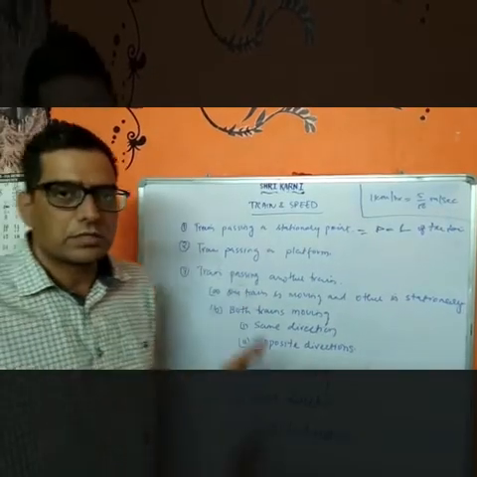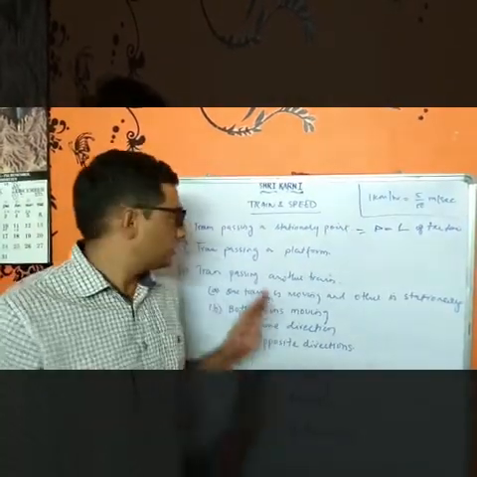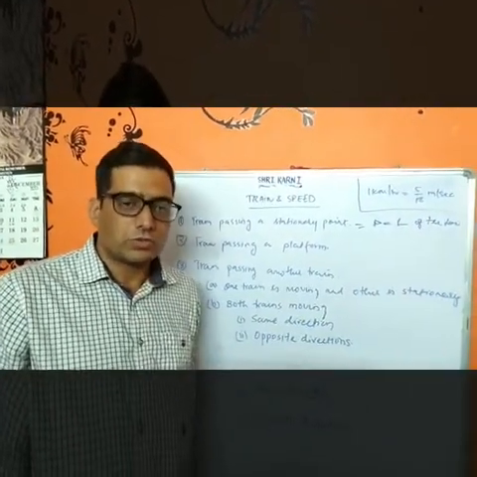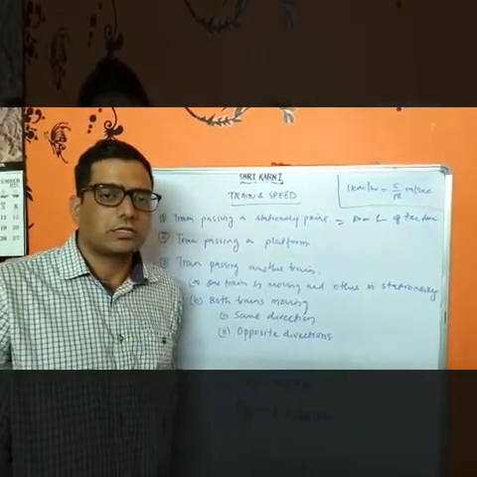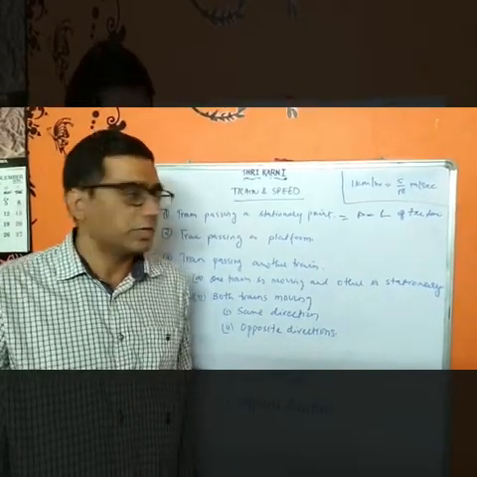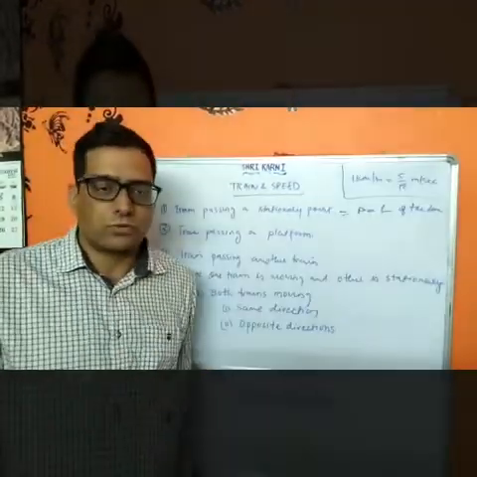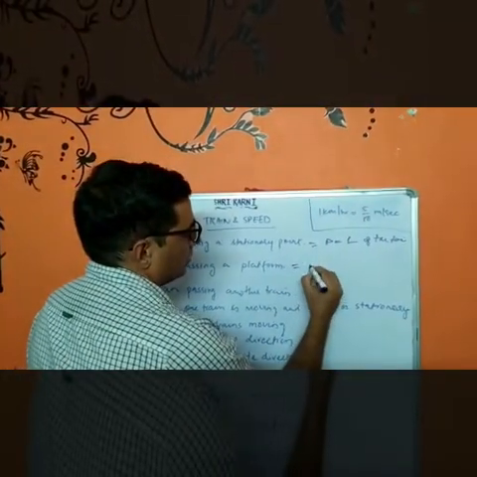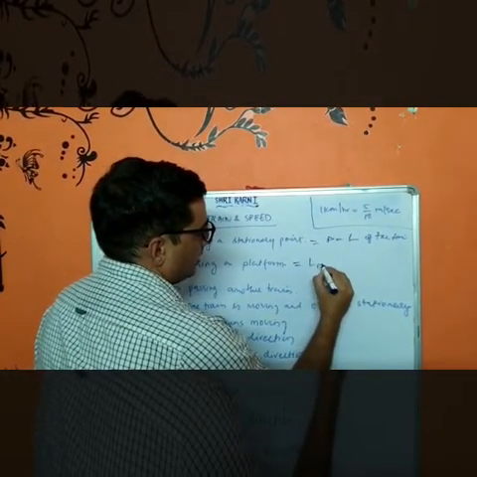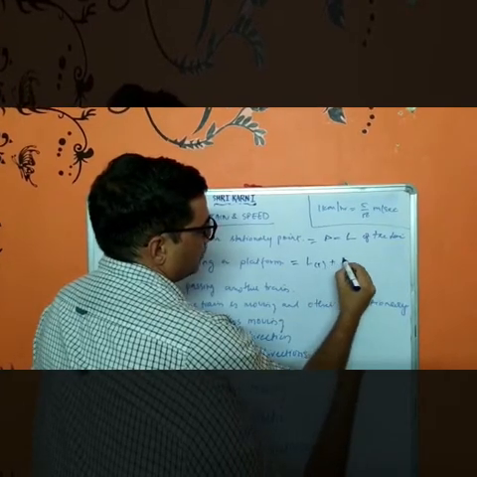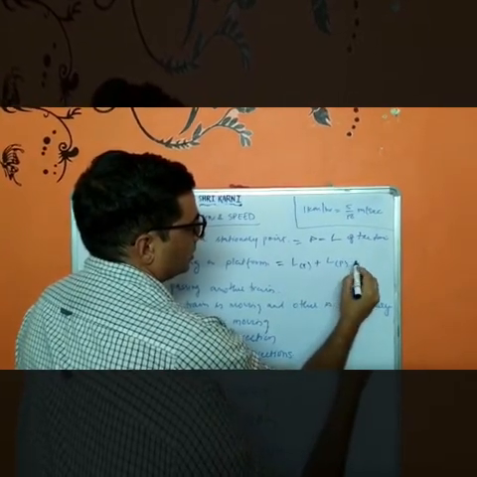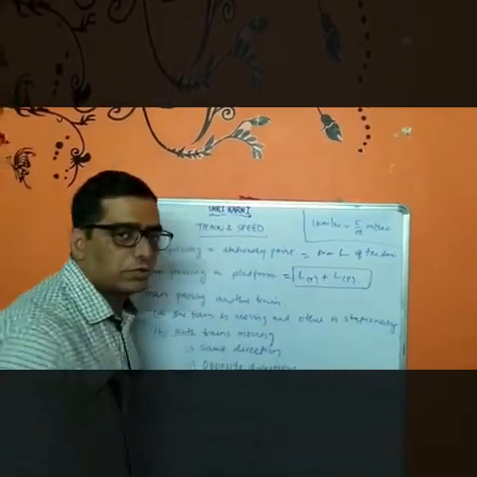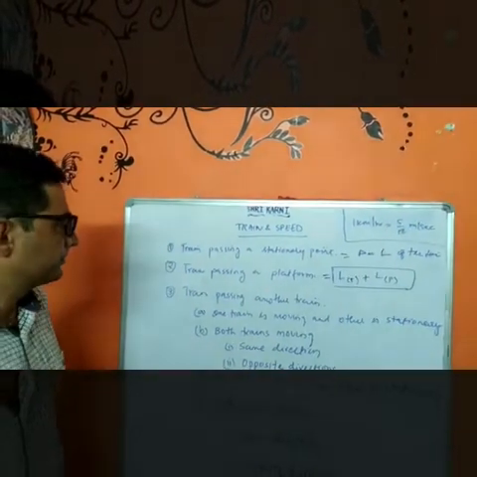In the second case, the train is passing a platform. So the platform will have its own length. In that case, the total distance traveled by the train will be equal to the length of the platform plus the length of the train. If we denote the length of the train by LT and length of the platform by LP, the total distance will be length of the train plus length of the platform.